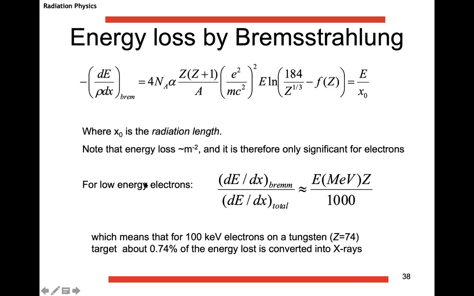For low energy electrons, the ratio between the energy loss by Bremsstrahlung and the total energy loss, which includes the electromagnetic energy loss, is approximately given by the energy in MeV times the atomic number of the target where you have the Bremsstrahlung, divided by 1000. This is important because it gives you a quick method to see how much Bremsstrahlung you have. For example, for 100 keV electrons on tungsten, which is 74, about 0.74% of the energy lost is converted into X-rays. That's it.